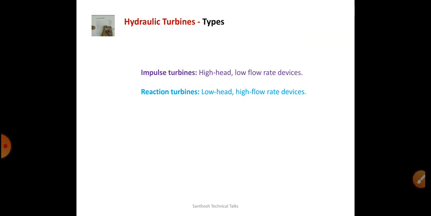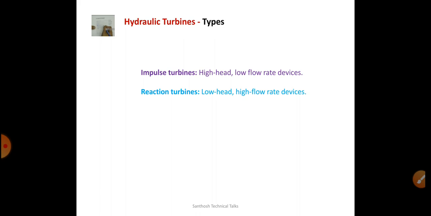Here, the turbines are majorly classified into two types: the impulse turbine and the reaction turbine. The impulse turbine works purely on the kinetic energy of the jet, whereas the reaction turbine uses both pressure as well as the kinetic energy of the fluid stream.